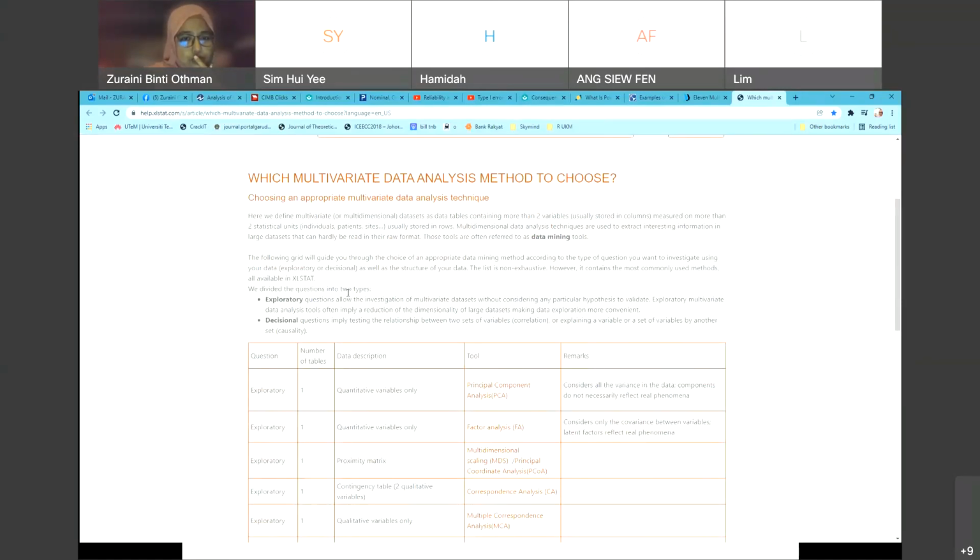If our survey is exploratory, we want to explore first. Then if our survey is decisional, we want to make a rule, we want to make a fact, for example, it will fall under decisional.